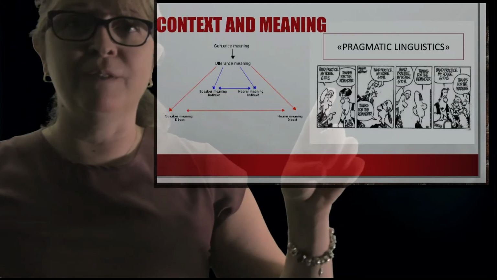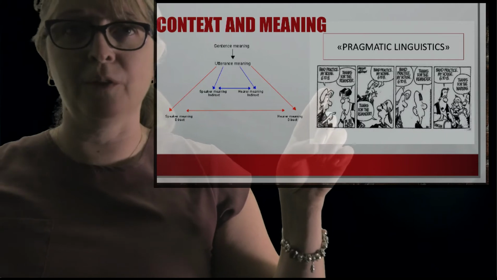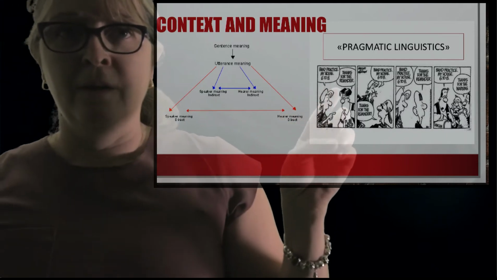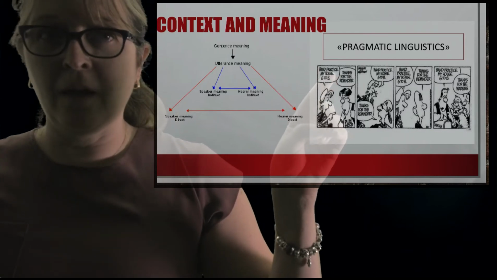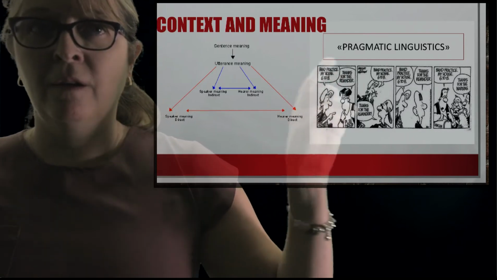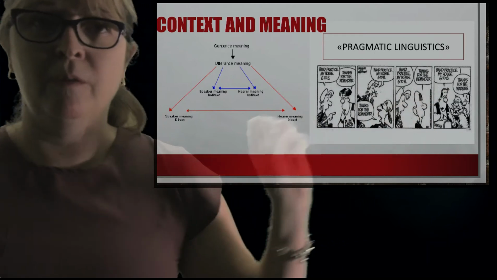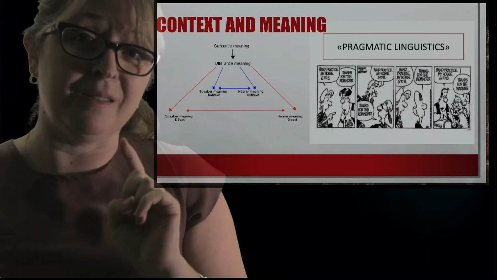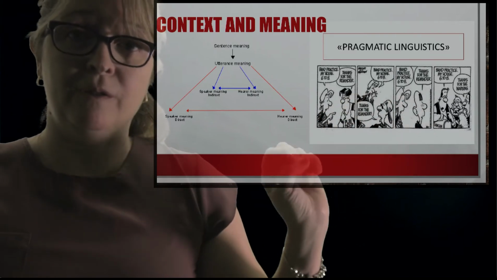So here we have this comic strip. Band practice my house 6 to 8. He says the same utterance four times. Actually, he says the same sentence, but it's four different utterances.